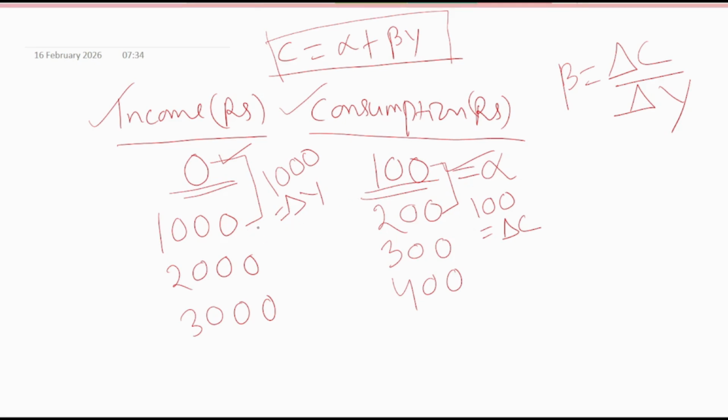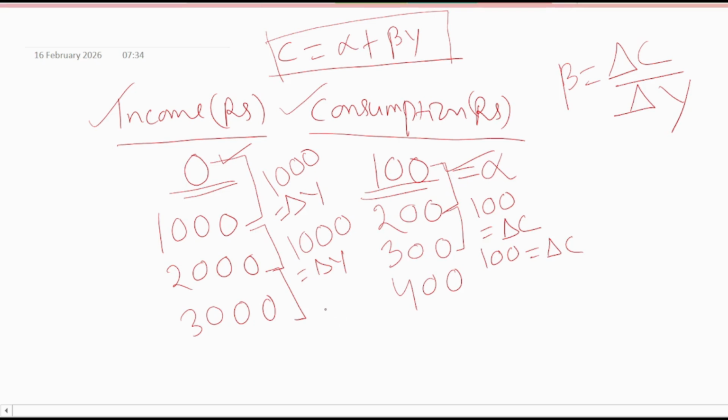Again, if income is increasing from 1000 to 2000, so here again income increased by 1000, or you can say it is the delta y, and consumption increased from 200 to 300, that is it again increased by 100, that is delta C. Again, when income increases from 2000 to 3000, income increased by again 1000.